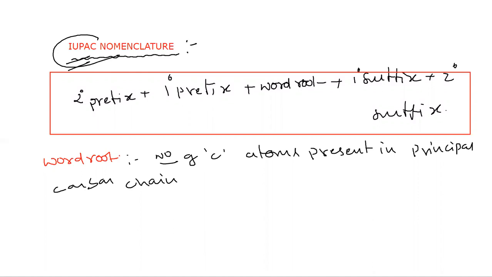Suppose if we have one carbon, then it is meth. If we have two carbons, that is eth. Three carbons, prop.